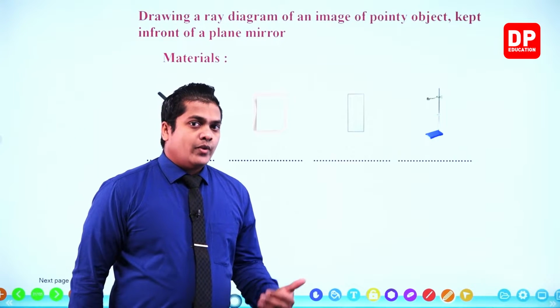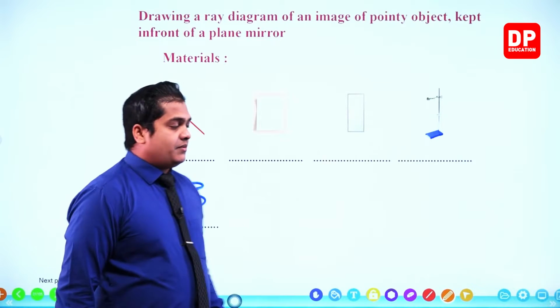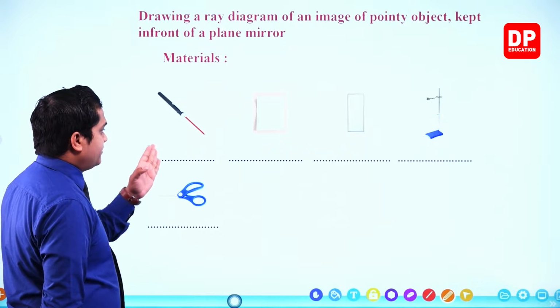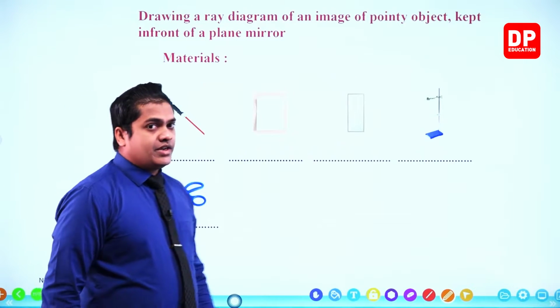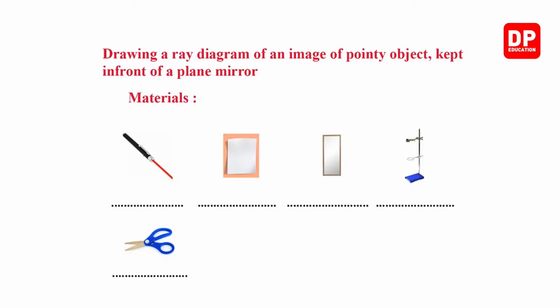When doing this activity, we'll be needing these materials. First and foremost, the point object. As the point object, we are going to use a laser torch, a laser beam. Then, my dear children, an A4 sheet.